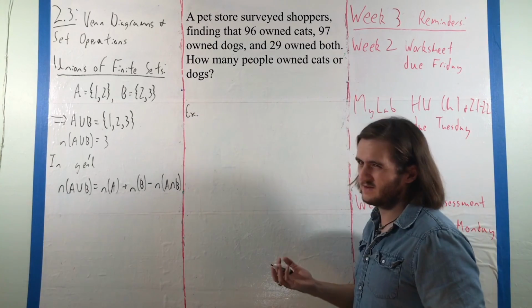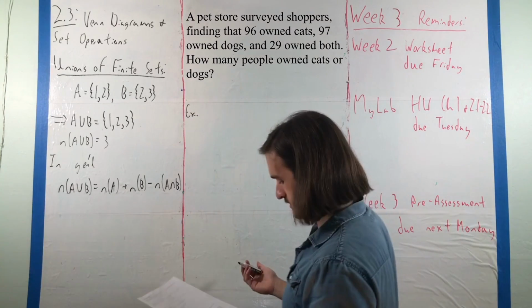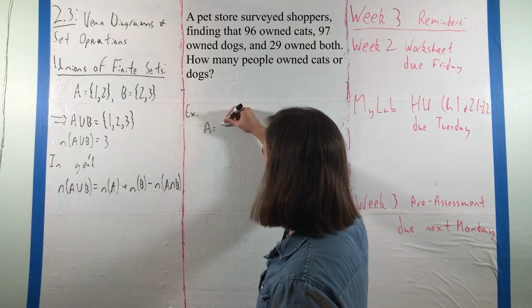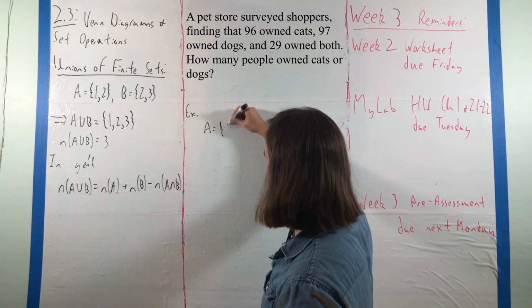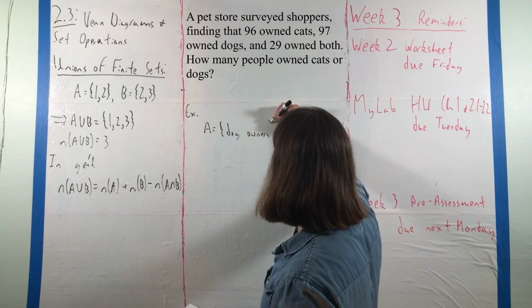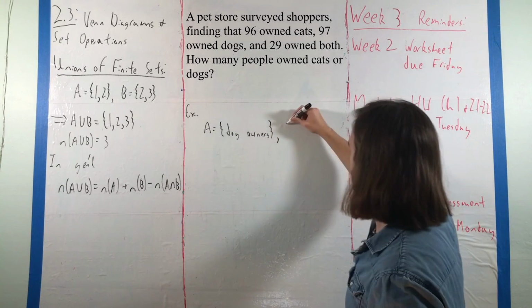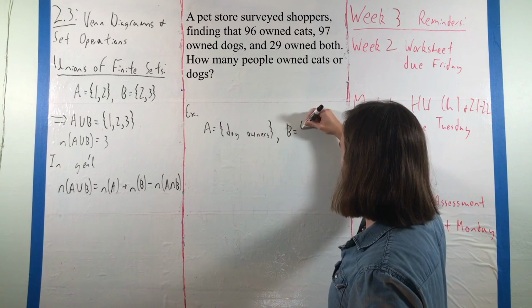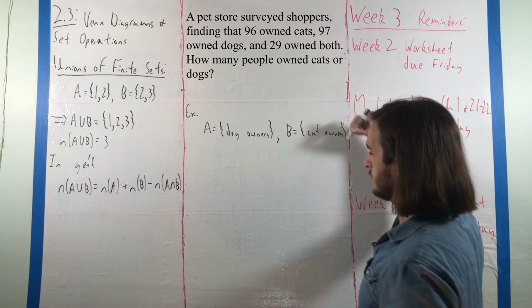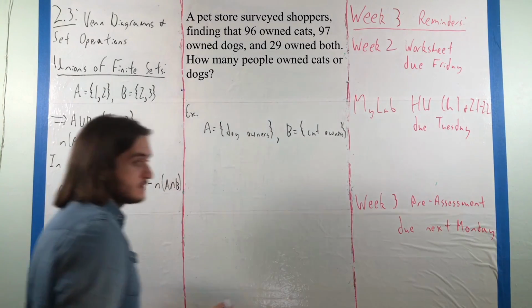So, first, you've got to define the sets that we're actually working from. Let's set some notation. Let's say that A is the set of dog owners and B is the set of cat owners. Now we've got to play some games with the cardinalities here.